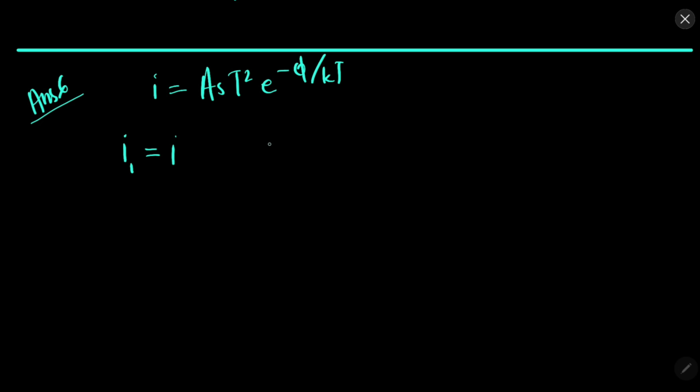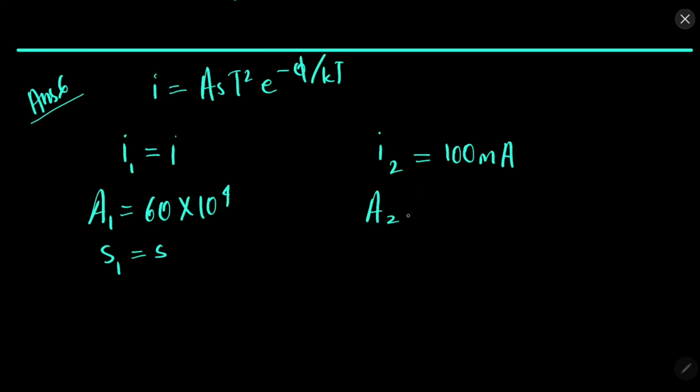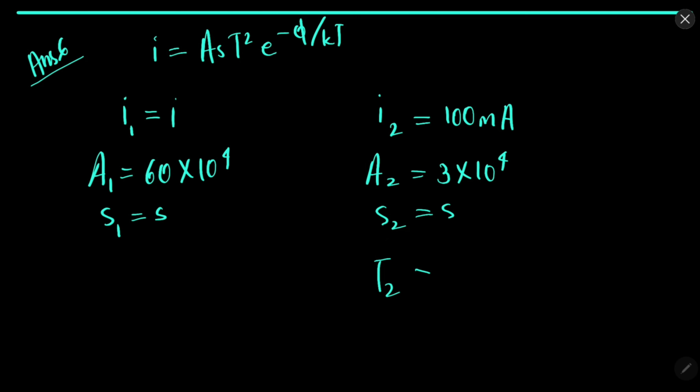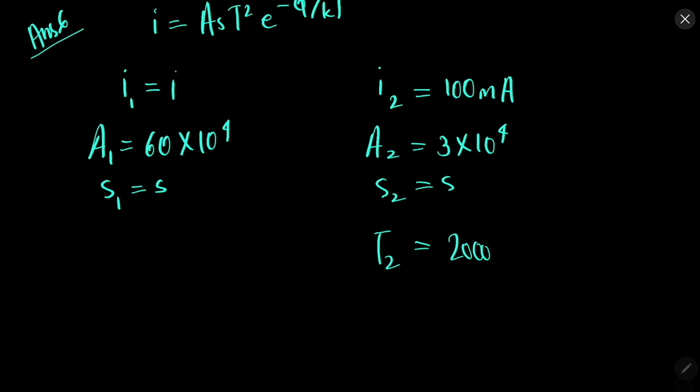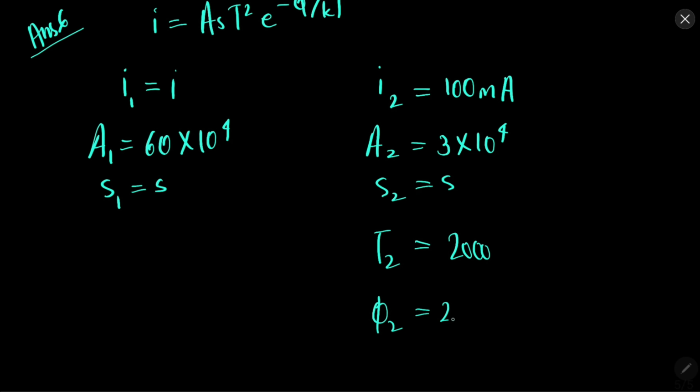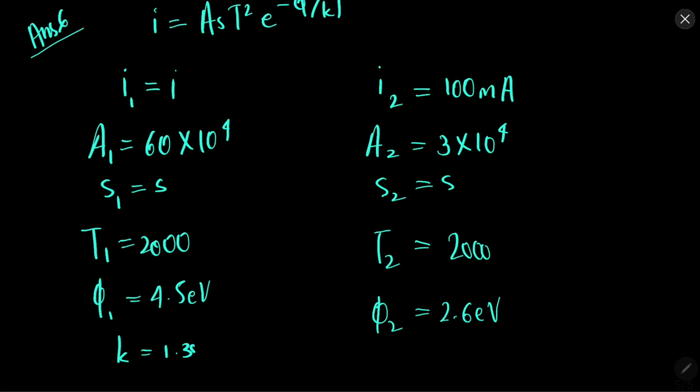So I1 is I, A1 is 60 into 10 to the power 4, S1 is S, I2 is 100 milliampere, A2 is 3 into 10 to the power 4, S2 is same, T2 is 2000 Kelvin, phi 2 is 2.6 eV, T1 is 2000, phi 1 is 4.5 eV, and obviously K is 1.38 into 10 to the power minus 23 joule per Kelvin.